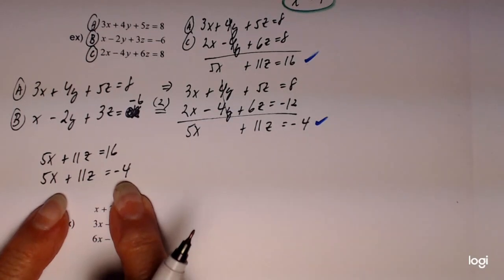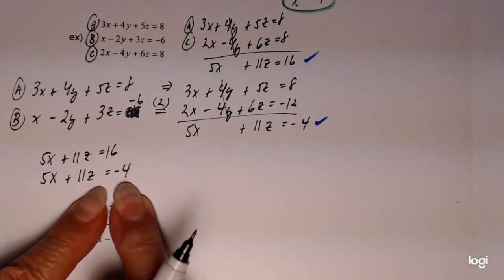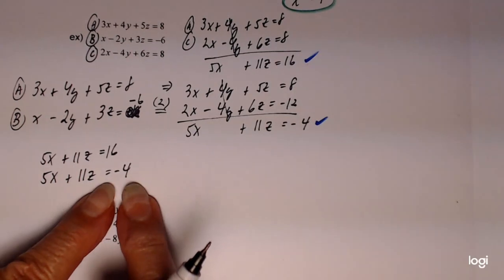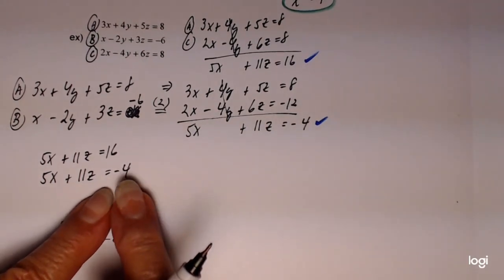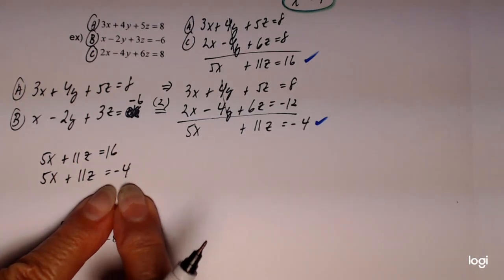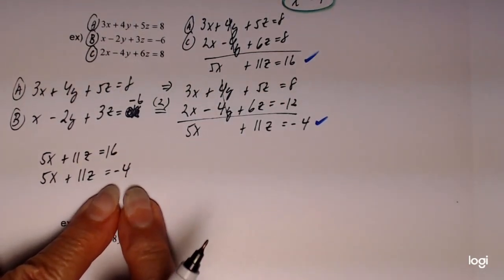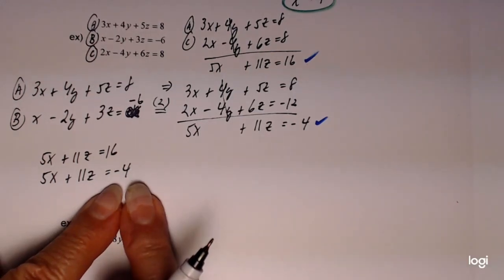So if some of you are saying this doesn't make sense, if we're multiplying the x's by 5 and the z's by 11 and adding them, it should give us the same answer, you're right, it should. So this is an instance where we're not going to have any solution. But let's continue with the process we've been working with and prove there's no solution.